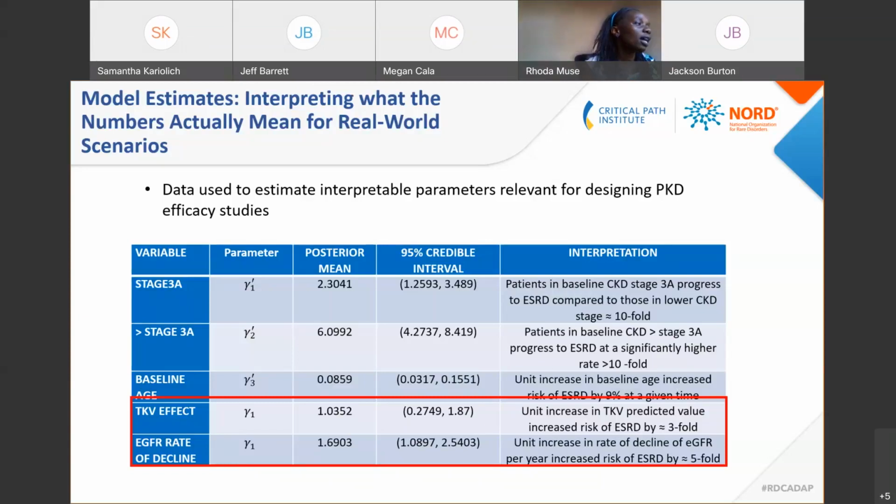So for example, the TKV effect had a value of approximately 1.0352, which means at any given time, a unit increase in total kidney volume predicted value increased the risk of end-stage renal disease by approximately threefold.